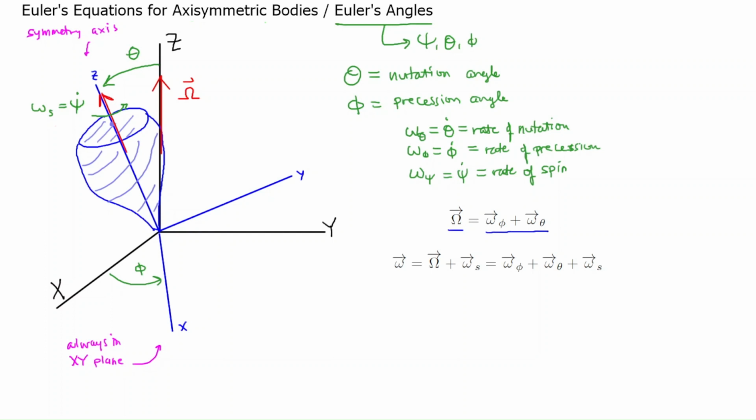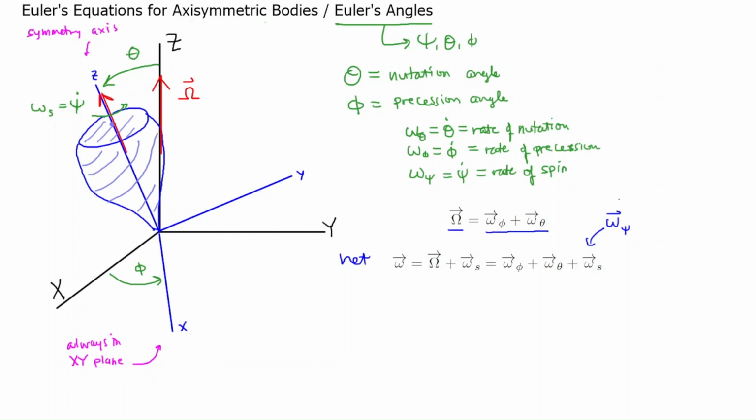Then to get the net angular velocity, we take capital omega plus omega sub s, as we've discussed before. So it's the sum of these three omega vectors. And if you like this very last one, we could write that as omega sub psi.